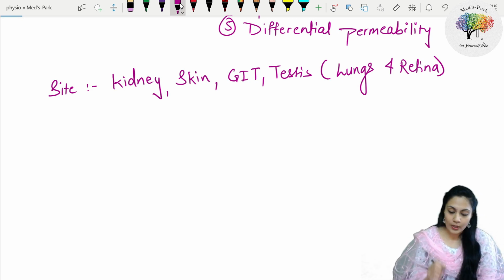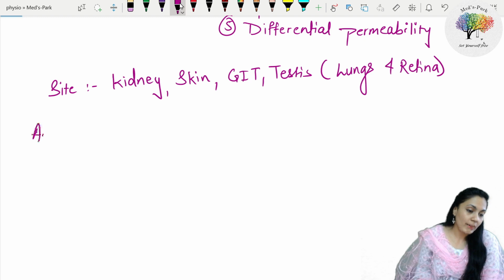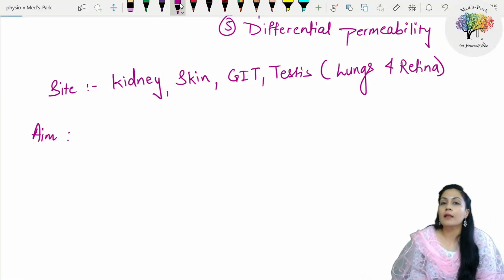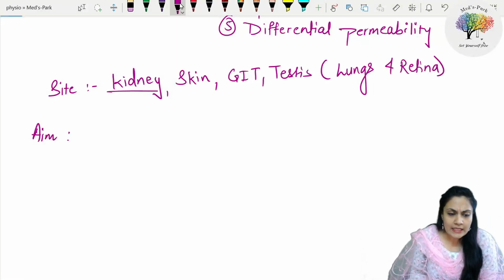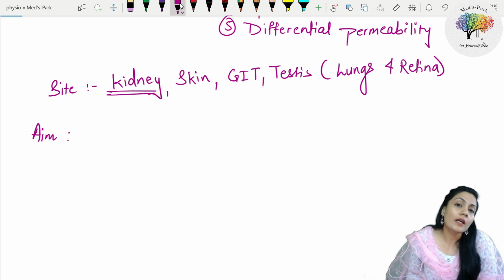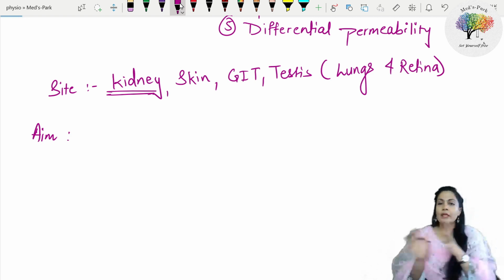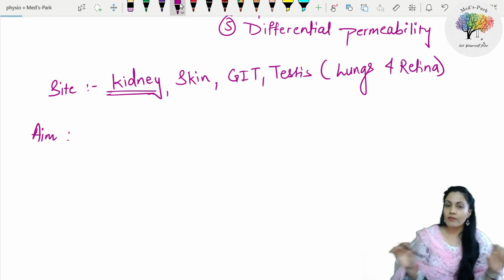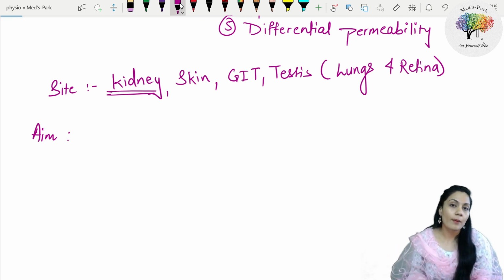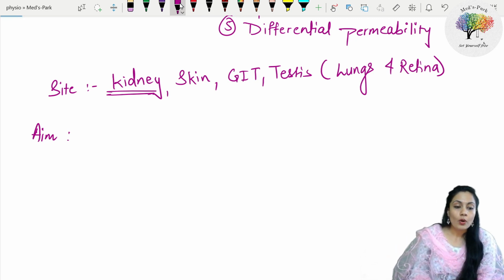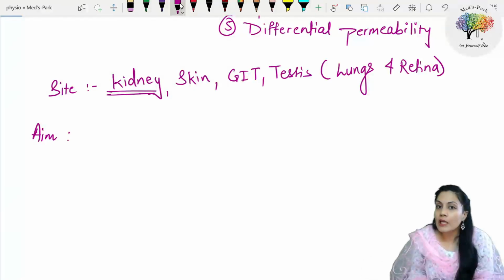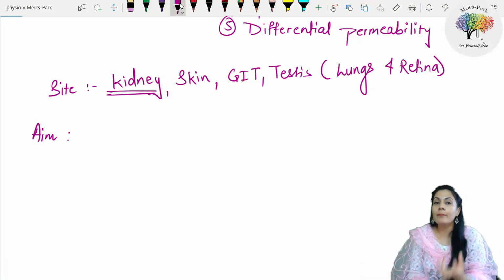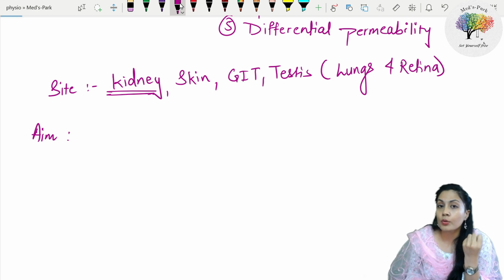After the site, we are going to discuss the aim of this countercurrent mechanism. In the kidney, why do we require the countercurrent mechanism? There are different aims in different sites. Today we are going to be precisely talking about the nephron, right? So what is the aim over here? We have to create the medullary hyperosmolarity or hypertonicity.